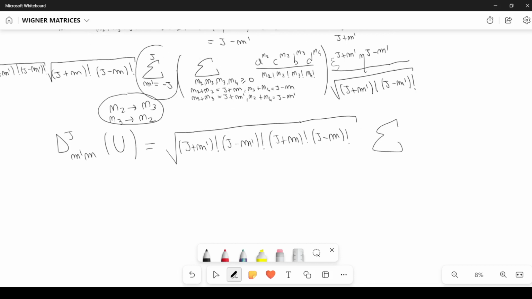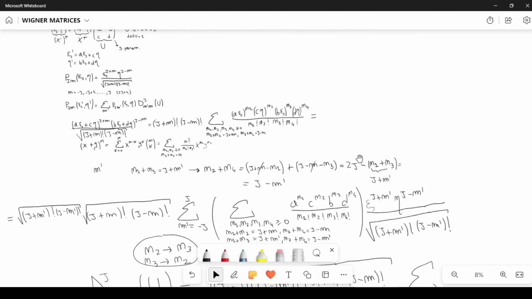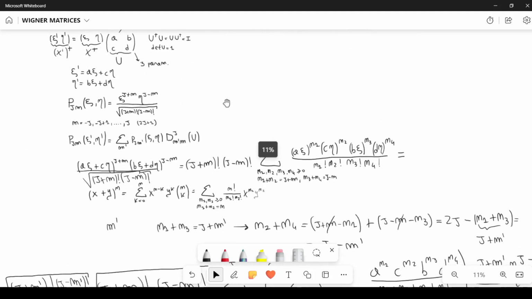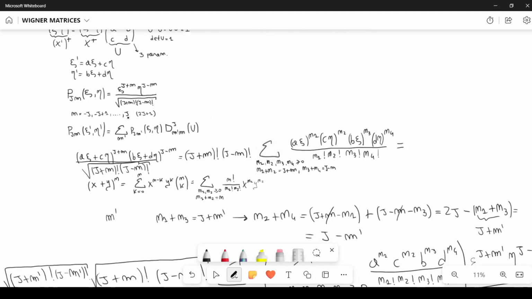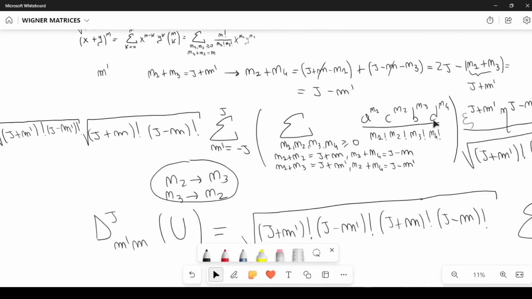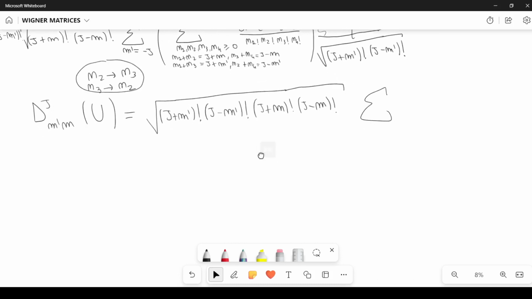You don't have to put this one here because you have to remember this formula. You have a summation over m prime here, so this summation over m prime will not be contained in the definition of the Wigner matrices there. It's easy to convince oneself that this is the case.